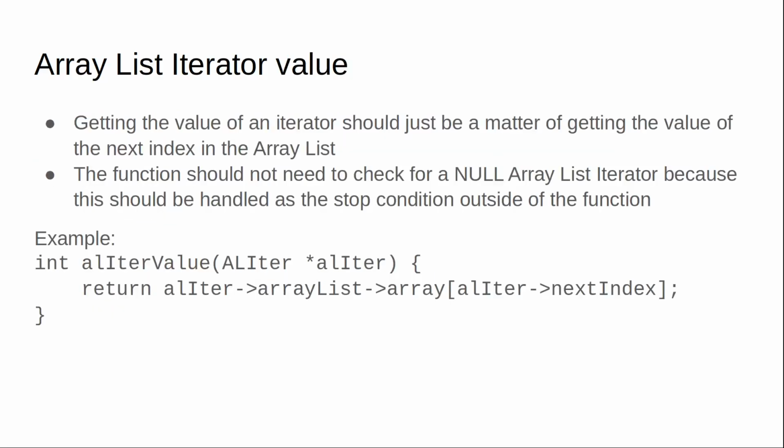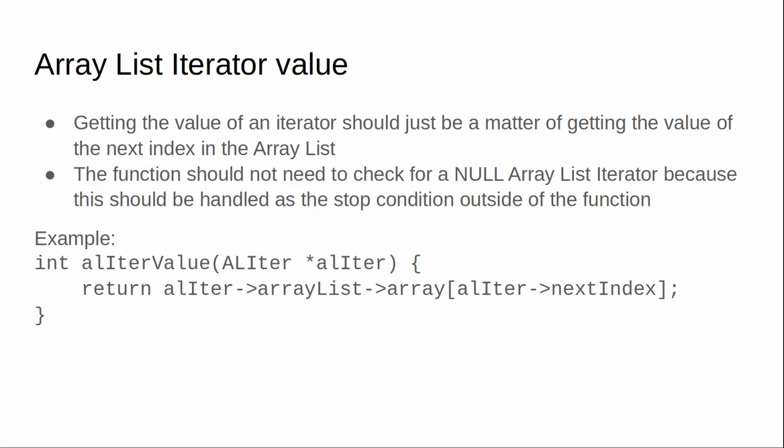The last thing an iterator needs to do is be able to access the value that it is currently set to. Getting that value is just a matter of getting the value at the next index that we're storing in our iterator. We should not need to check for null for an array list iterator or for any iterator.